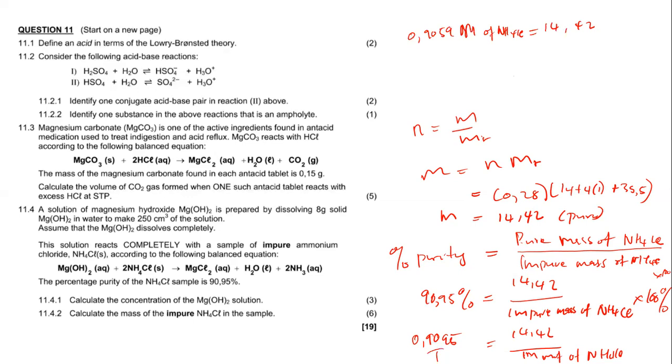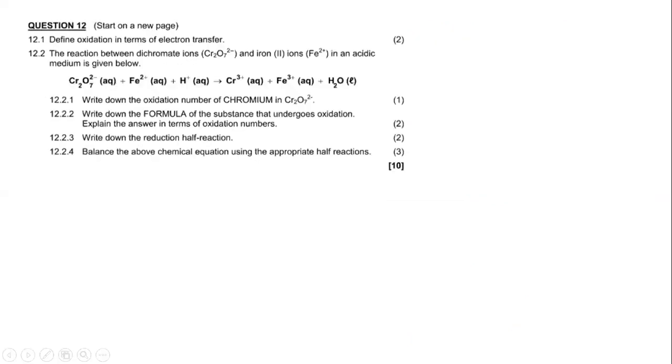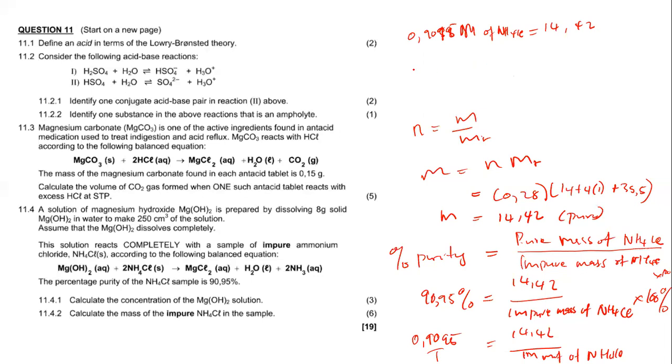So I'm going to say 14.42 divided by 0.9095, and I get that the impure mass of NH4Cl will be 15.85 grams.